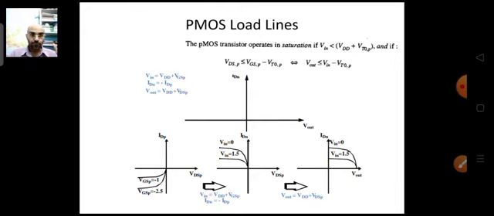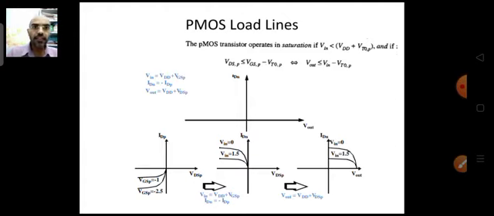But then, if we want to shift these characteristics to the second quadrant, we can use these general equations. So what are your general equations? Vin is equal to VDD plus VGSP, for a PMOS.